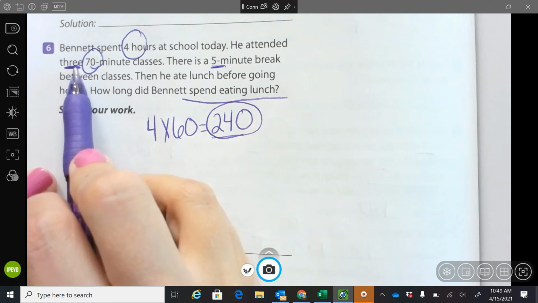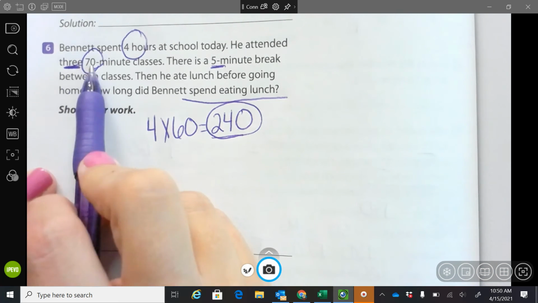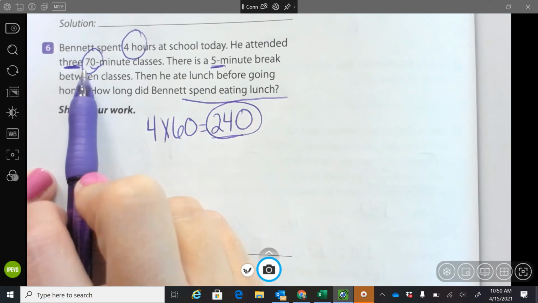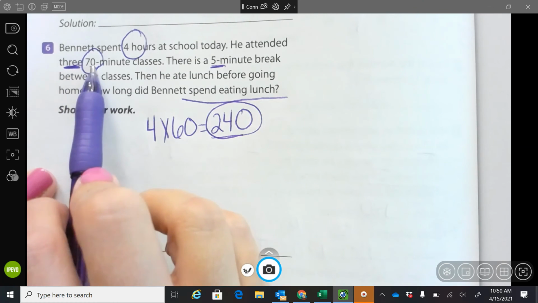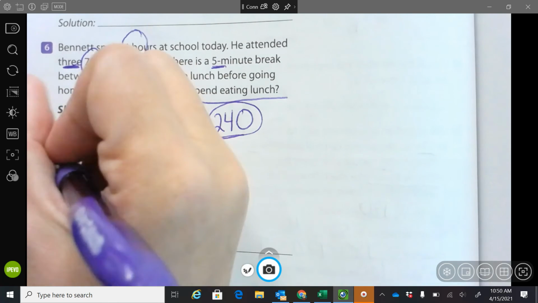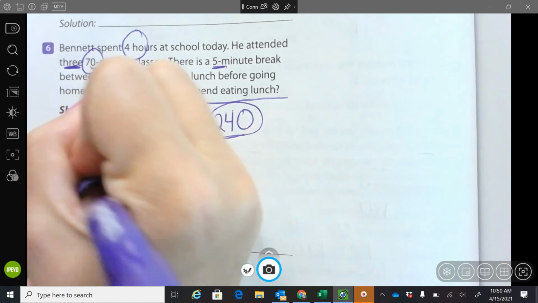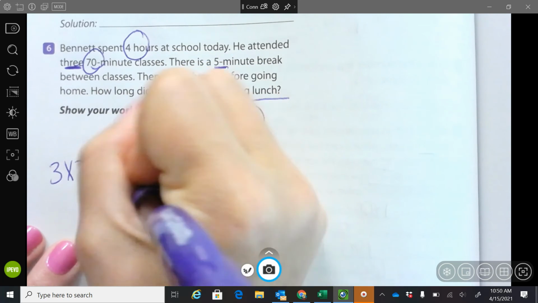There's 3 classes that are how long each? 70 minutes, right? So we're gonna do 3 times 70. So he spent 210 minutes in class.